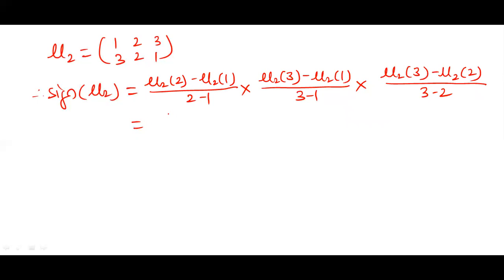So it is mu2 of 2 is 2, mu2 of 1 is 3 divided by 1, mu2 of 3 is 1 minus mu2 of 1 is 3 divided by 2, mu2 of 3 is 1, mu2 of 2 is 2 divided by 1.